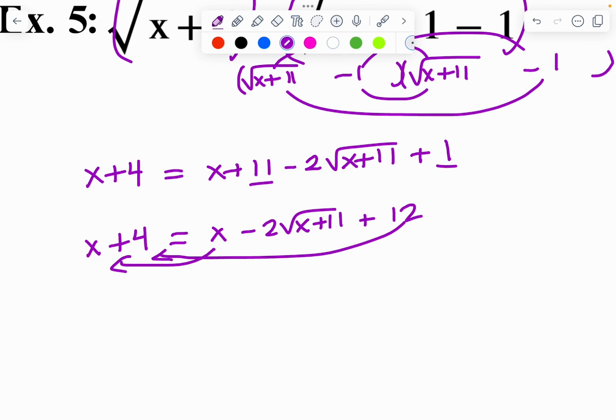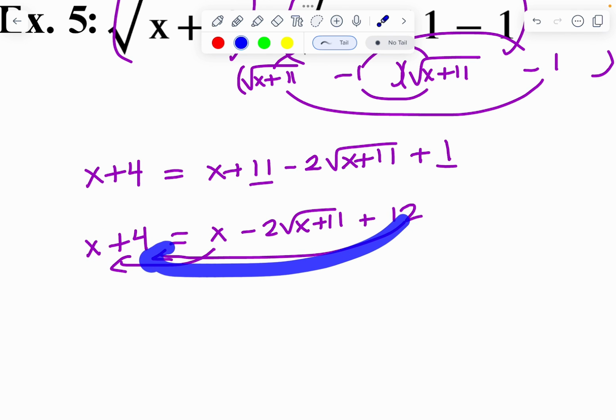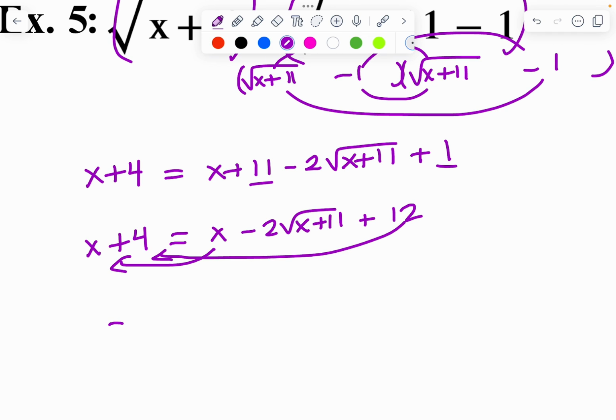So my x's cancel out, because when I bring this x over here, they cancel each other out. If I bring the 12 over, that's 4 minus 12, which is negative 8, equals negative 2 times the square root of x plus 11.